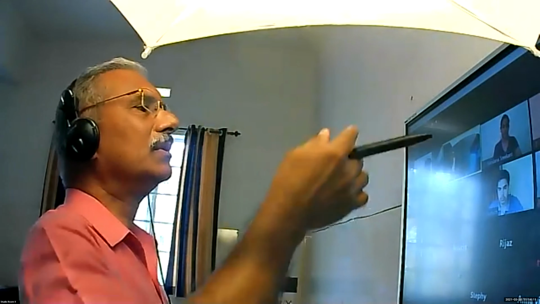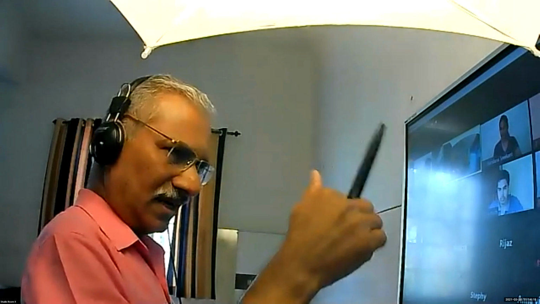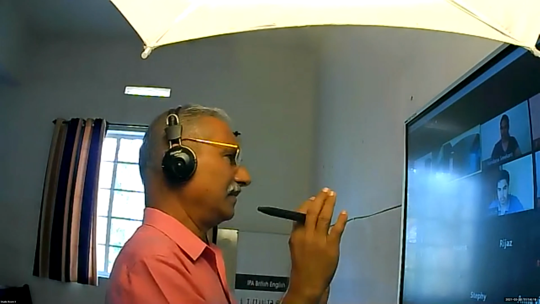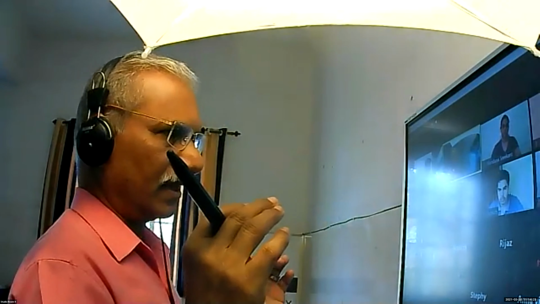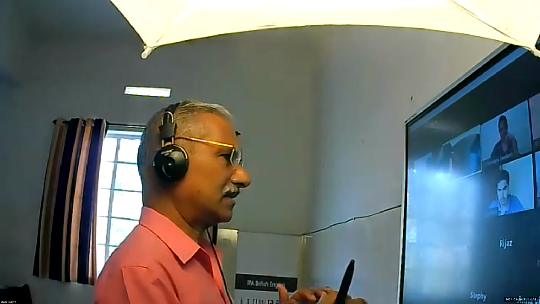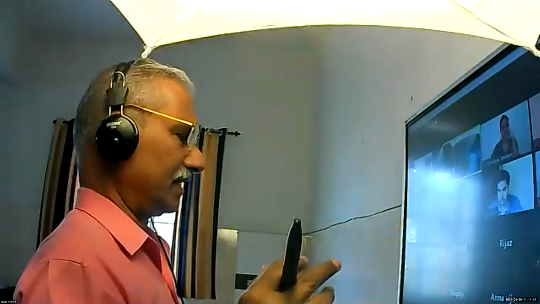And the cloudiness is due to local crystallization. Partial crystallization at that point. Where there is cloudiness, the white color, at that point, there is crystallization.